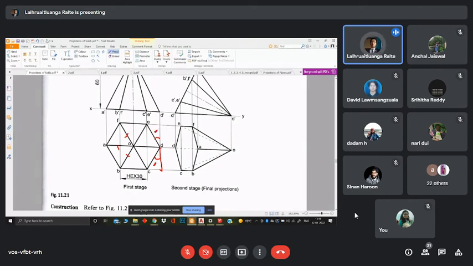Okay. Luckily for you, as this is a hexagon, the property is such that when you make these lines parallel to the VP or parallel to the XY line, these two lines are going to make an equal angle whenever they are touching a face, which would be the horizontal plane.